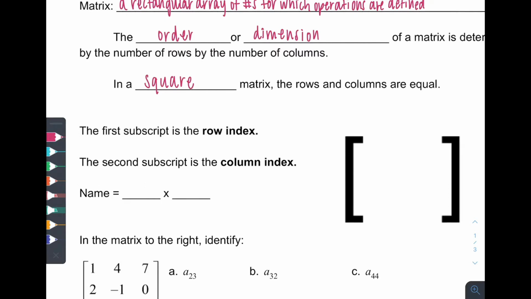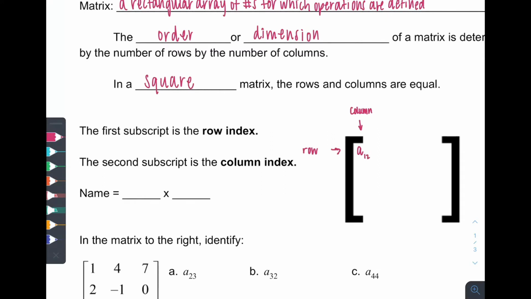The first subscript is our row. A row goes across, so this is going to be A1, and then our column is our second number.